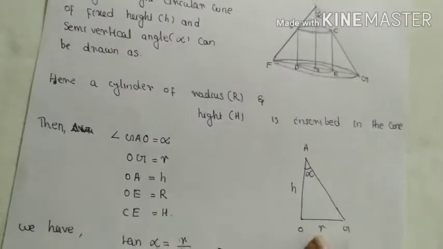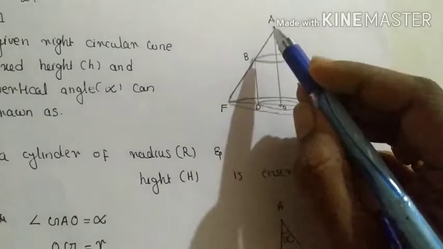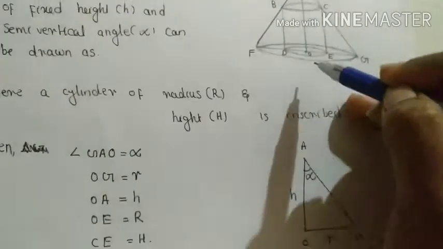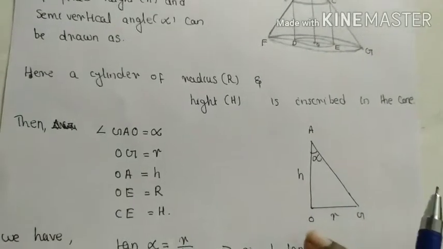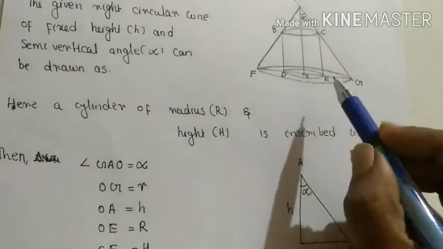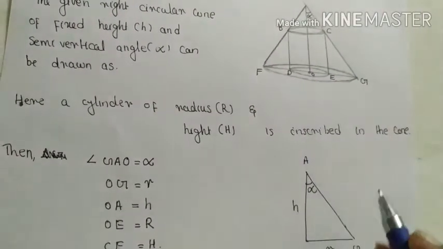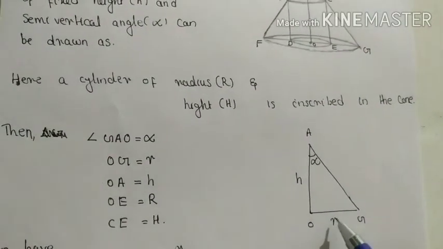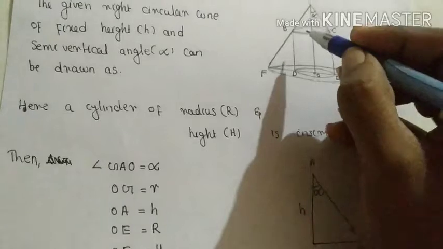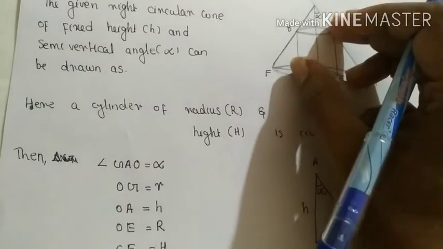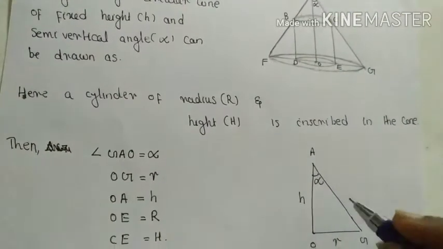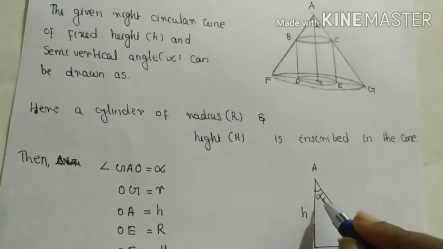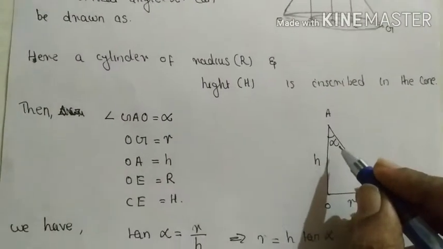So let us take this triangle AGO, and here OG is the radius of the right circular cone as r, and h is the height of the right circular cone. So AO is equal to h and OG is equal to r, and this alpha is the semi-vertical angle.